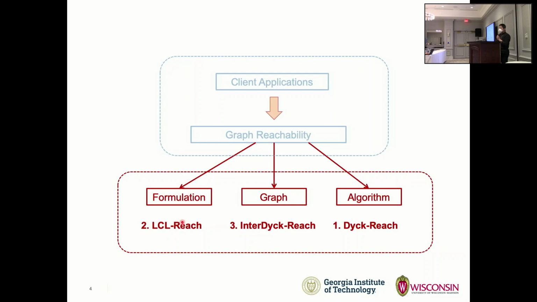In the second topic, we will be talking about a new formulation called the linear conjunctive language reachability formulation. In particular, we will be talking about why this is an interesting problem and what it can do in practice. Lastly, we will be talking about the Dyck-reachability problem with a focus on manipulating the underlying graph so that we can achieve better results. So this is basically the outline of the second half of the tutorial.